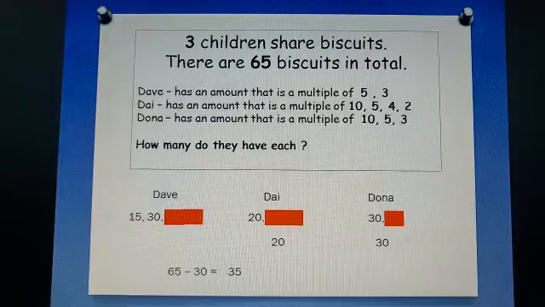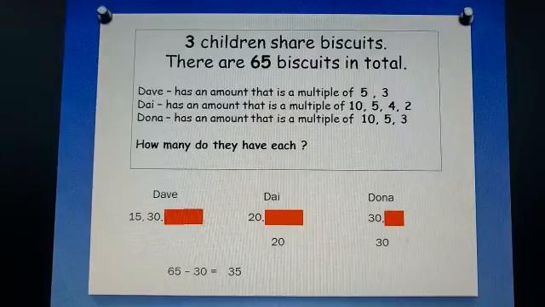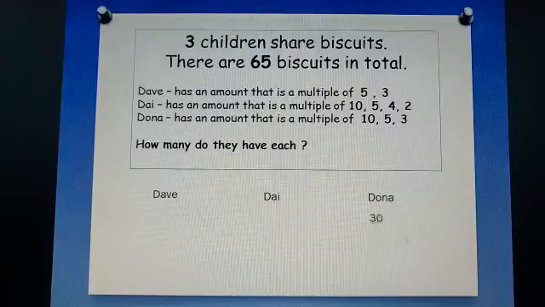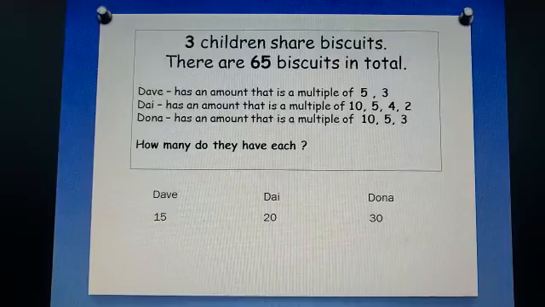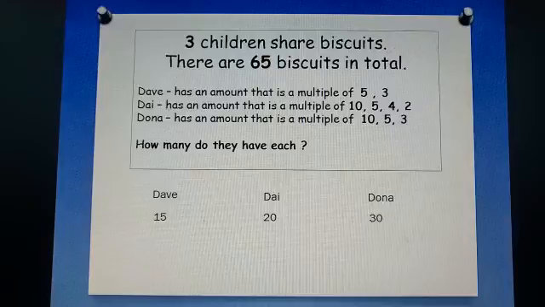So which number are we going to use for Dave, 15 or 30? Add the 20, add Donna's 30, and it's going to equal 65. Well done, it's the 15. So well done, guys. Using your multiples, you have worked out who has each biscuit.